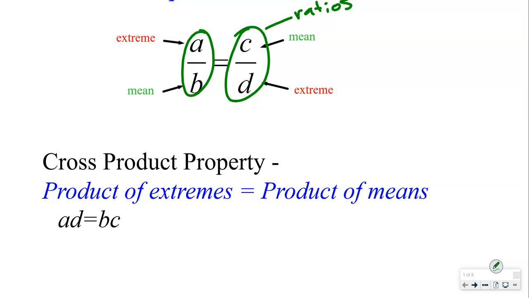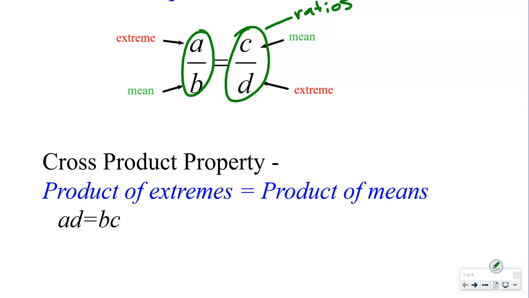The cross product property is the product of extremes equals product of means. So we can see up in our proportions that some of those letters are called extremes and some are called means. When we multiply those, we're multiplying the two extremes together, and they will equal the two means multiplied together.